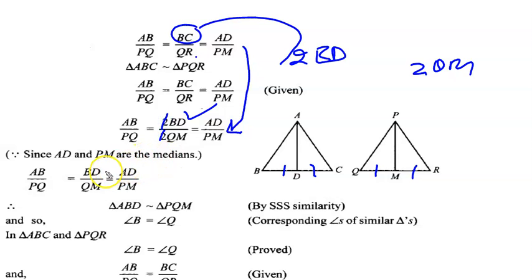So what remains? We get BD by QM is equal to AD by PM. So therefore triangle ABD is similar to PQM here. So this is SSS similarity.